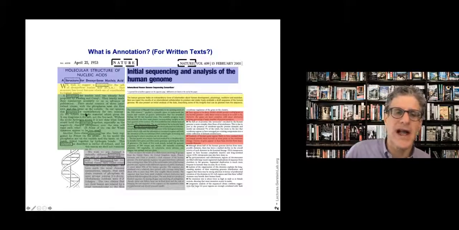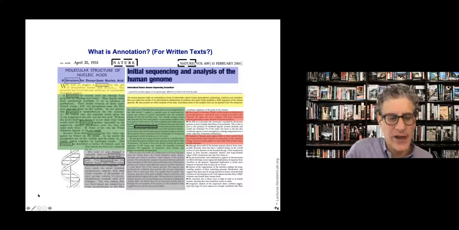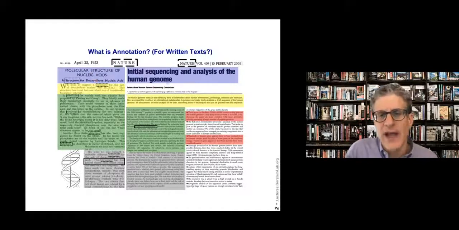Here I have an original text. This is Watson and Crick's text from 1953, and in this particular text, they're talking about the structure of DNA. Over here, I have the text on the initial sequencing analysis of the human genome.